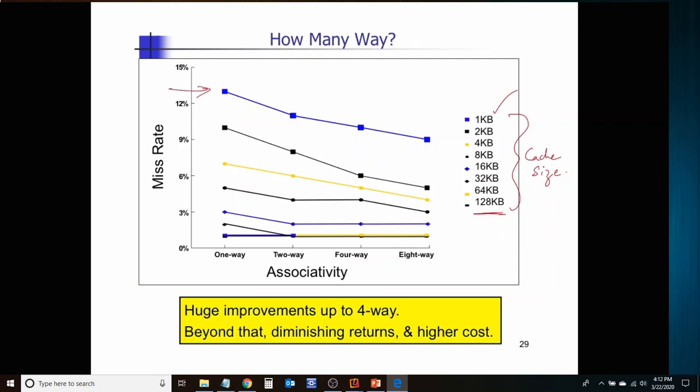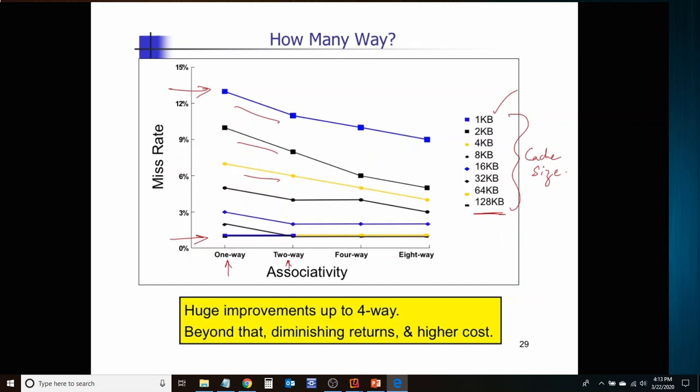If you have a really big cache, you are going to in general have a very small miss rate. So which one is going to be the best in terms of reducing miss rates? Now going from 1-way, which is essentially a direct mapped cache, to a 2-way set associative, the improvement is pretty significant, as you can see.